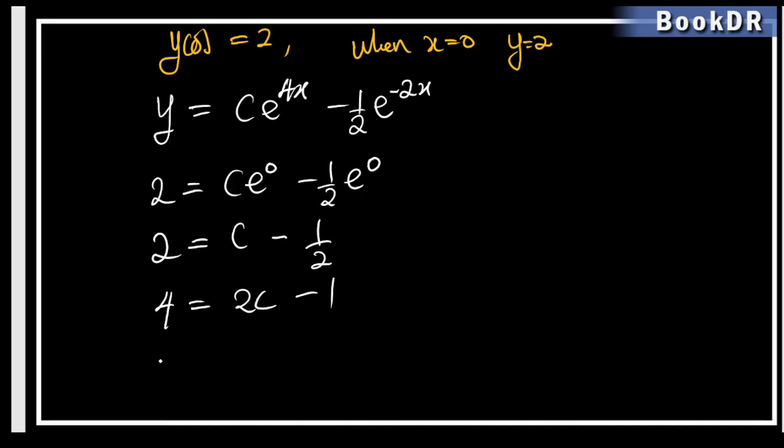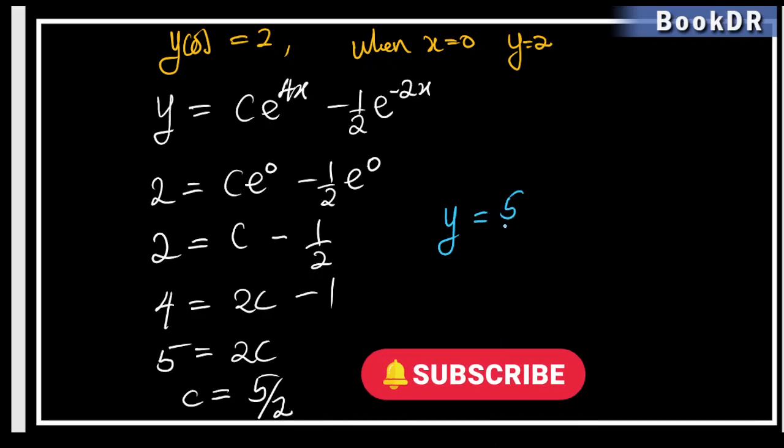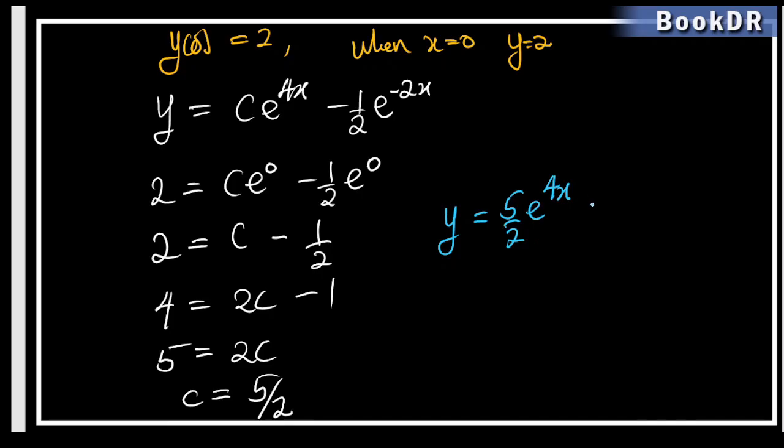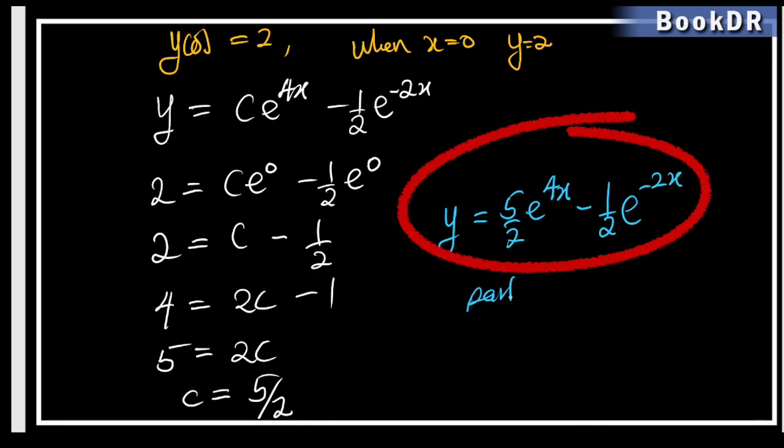Solving further, we'll have 5 is equal to 2c, which implies our c is equal to 5/2. Hence, the particular solution becomes y is equal to 5/2 e^(4x) minus half e^(-2x). This is the particular solution.